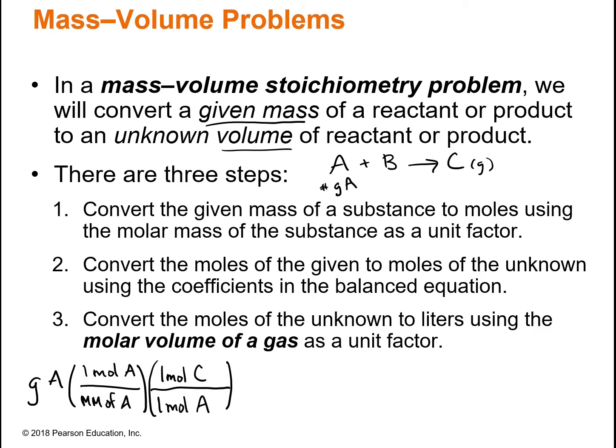Now you have the number of moles of C. But we need a volume. So we need to use molar volume from chapter 8 to figure out how many liters of gas we have.